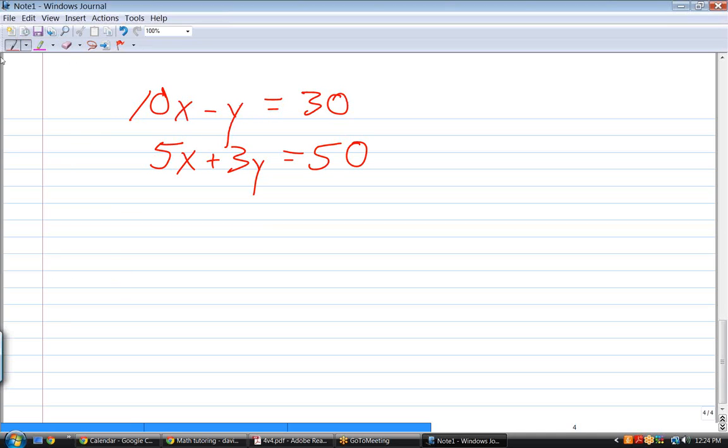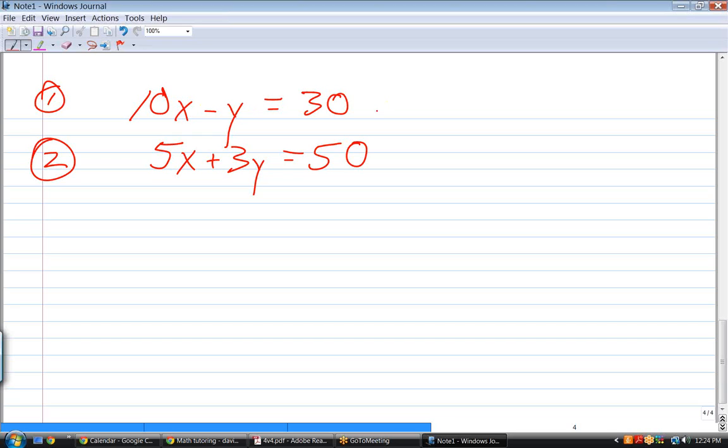So what kind of manipulation can I make on one of these equations such that when I then add them together, one of the variables is going to go away? Plus y to the top one. Not plus y. In other words, I'm not going to eliminate the variable from one of the single equations. If I added y, it would just make that y go to the other side.